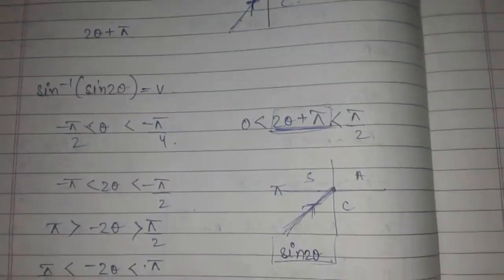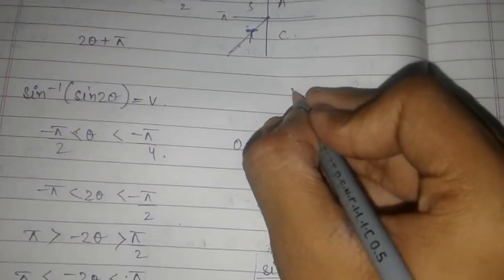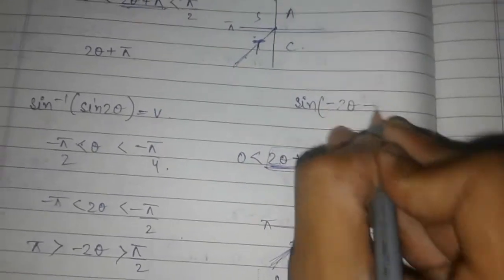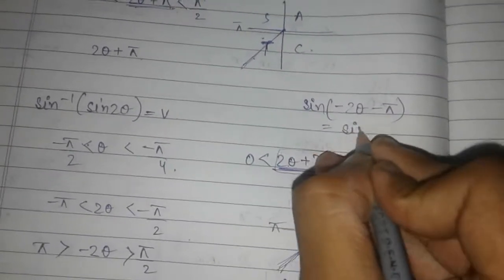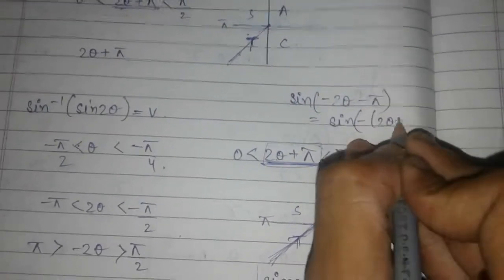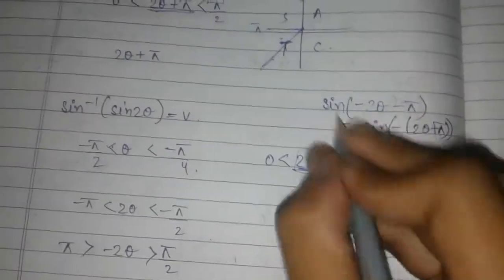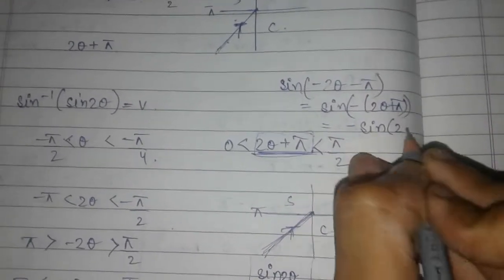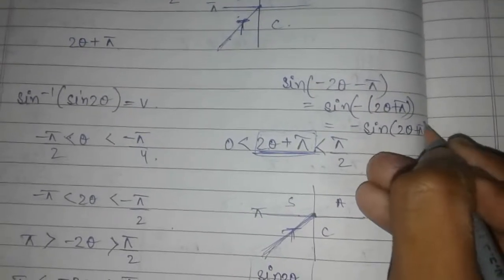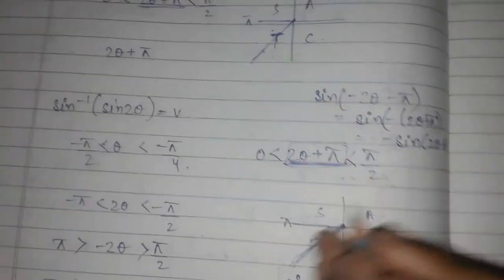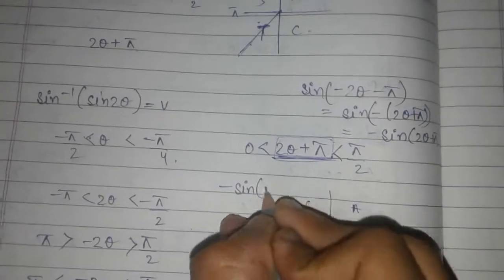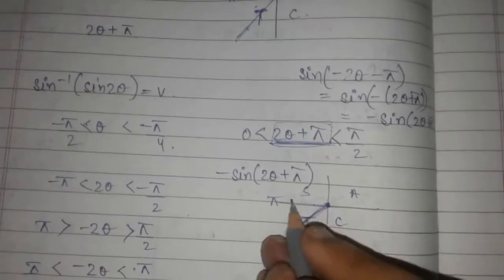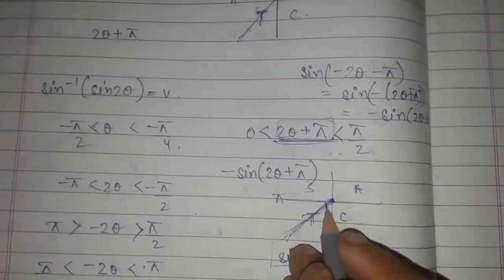So we'll substitute minus 2 theta minus pi in place of 2 theta in sine 2 theta. If we substitute, we find that this is sine of minus 2 theta minus pi. This is sine of minus of 2 theta plus pi, since the minus sign was taken out. Now this is minus of sine of 2 theta plus pi. If we see the quadrant, 2 theta plus pi is pi plus 2 theta, which is somewhere over here.